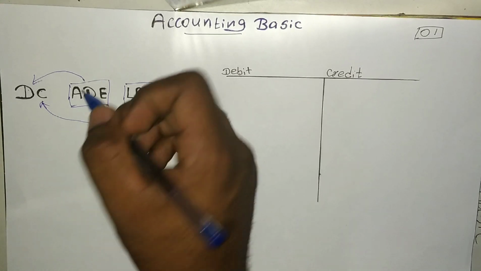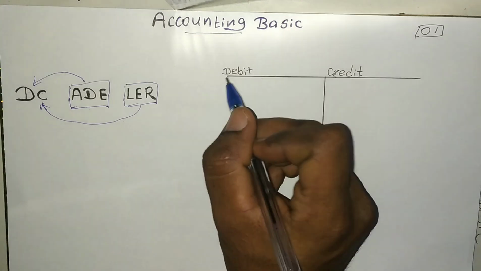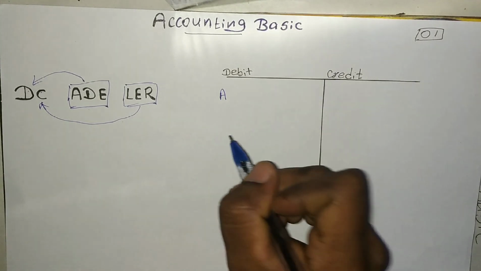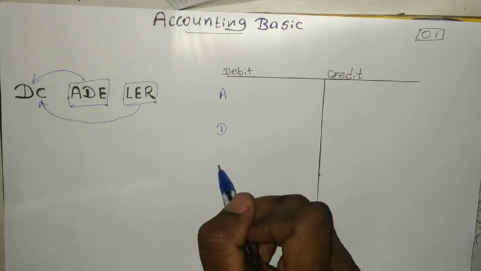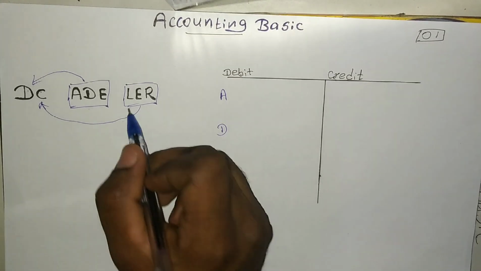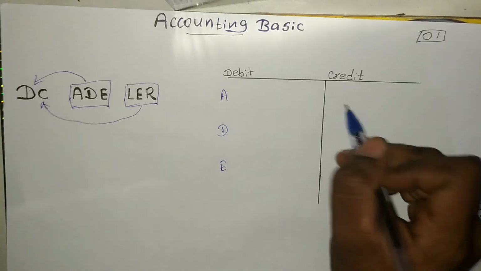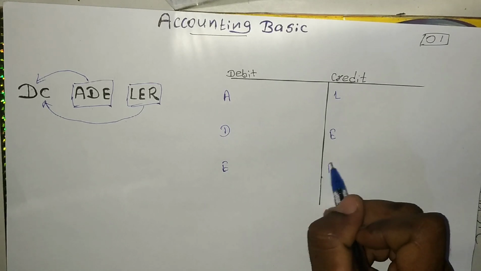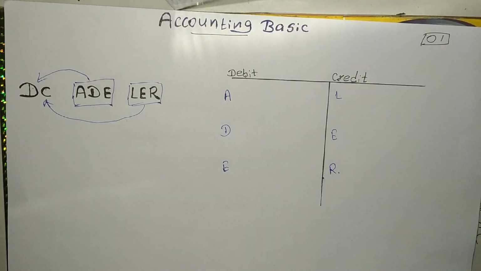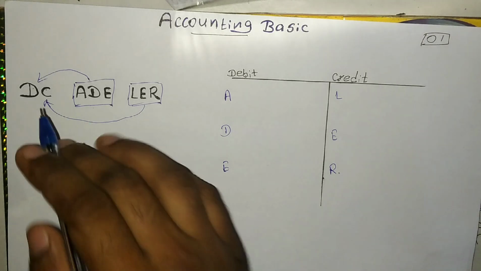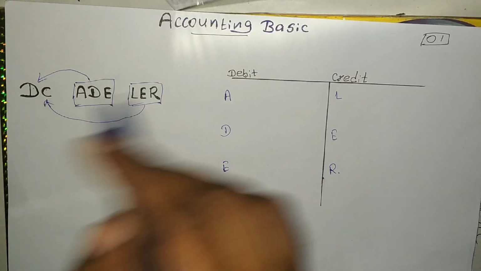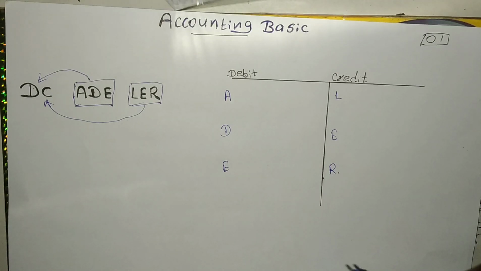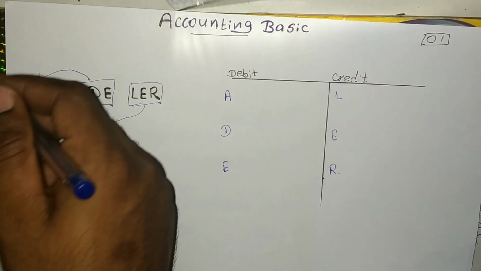A means assets. Every company and person has assets: buildings, cash, equipment, receivables, vehicles. These also go into the assets group.